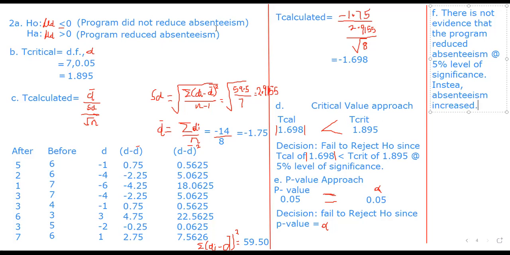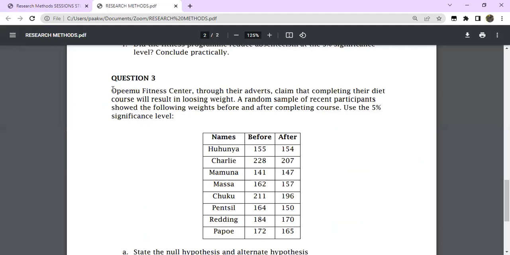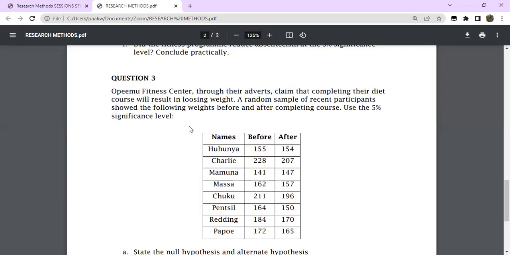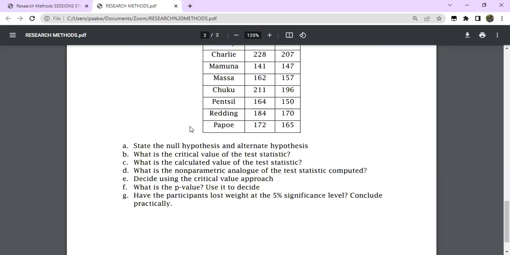Okay, so let's solve the last question. Then we are done for the day. I copied the question. Let me share it for you to read. Upemu Fitness Center, through their adverts, claims that completing their diet course will result in losing weight.